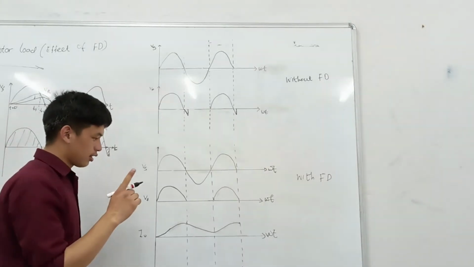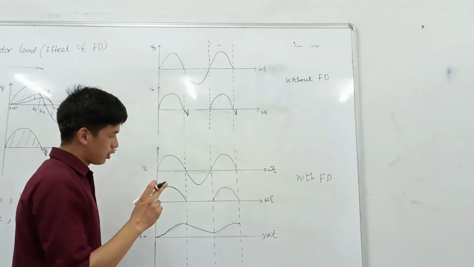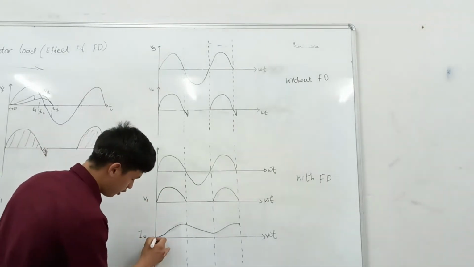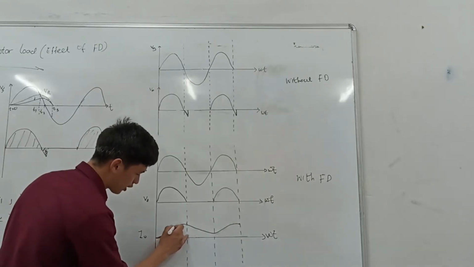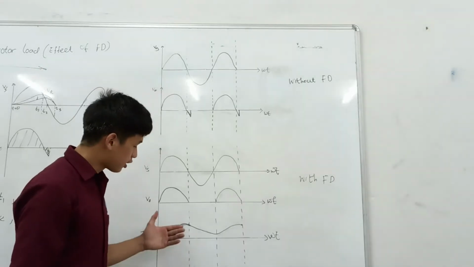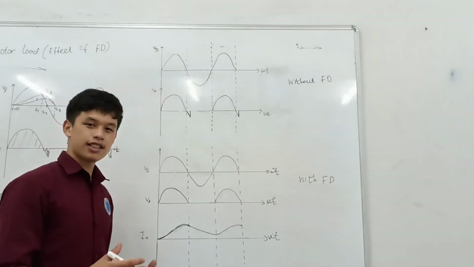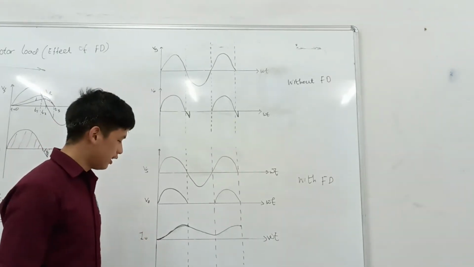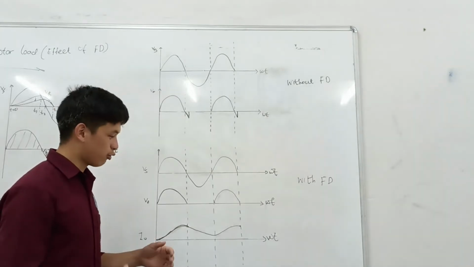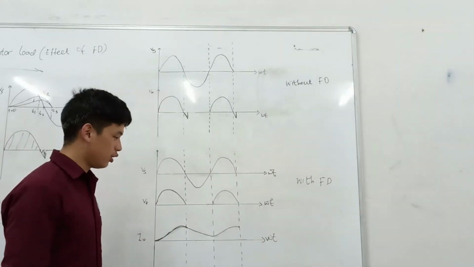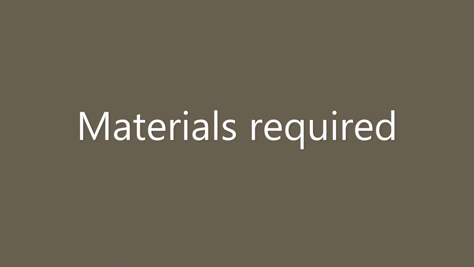For the freewheeling diode connected in parallel, we will also observe that the current is continuous, which is due to the inductive energy stored in the inductor that drives the freewheeling diode into forward bias, and as a result there is continuous flow of current within the motor load.